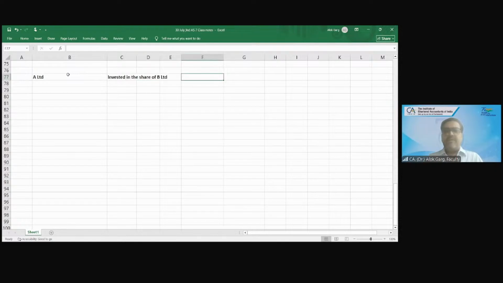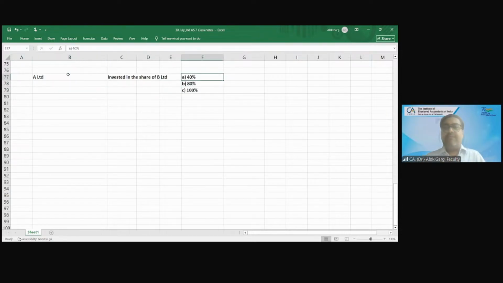So I'm giving you three scenarios. Scenario A is 40%, scenario B is 80%, and scenario C is 100%. A Limited has invested in the shares of B Limited.